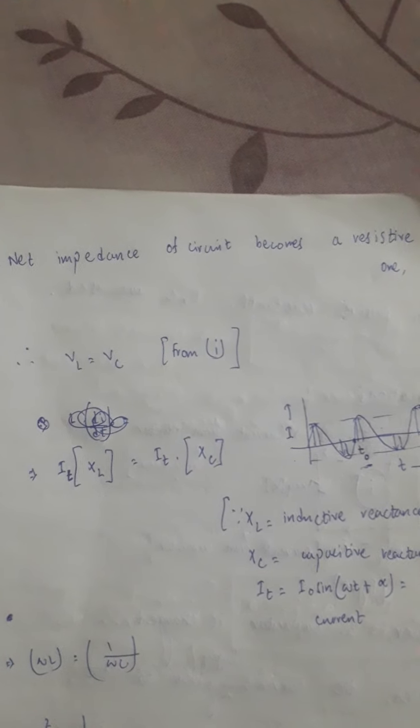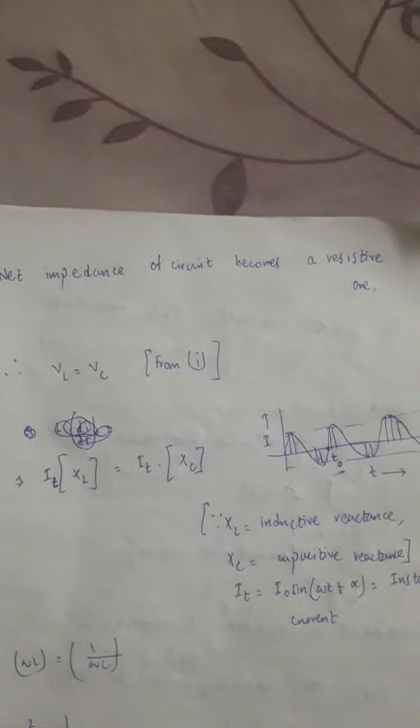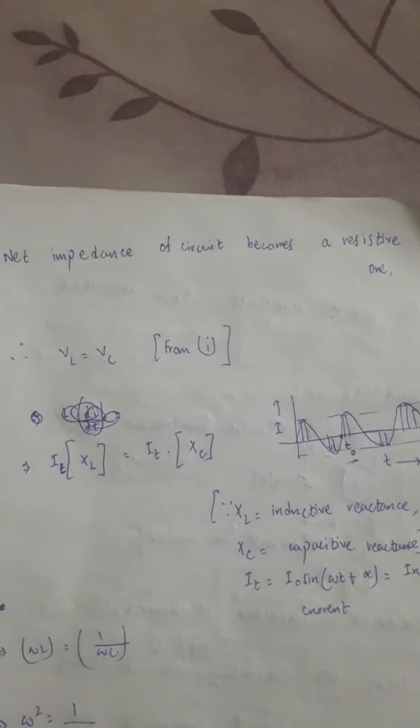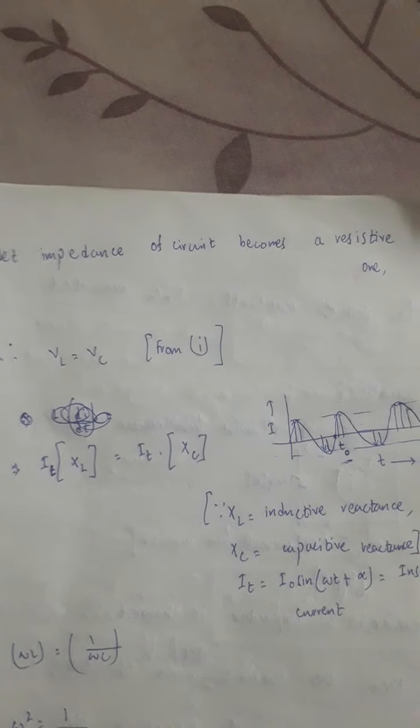We all know that VL is equal to IT into XL, as IT is equal to VL by XL, and VC is equal to IT into XC, and this is the instantaneous current IT.